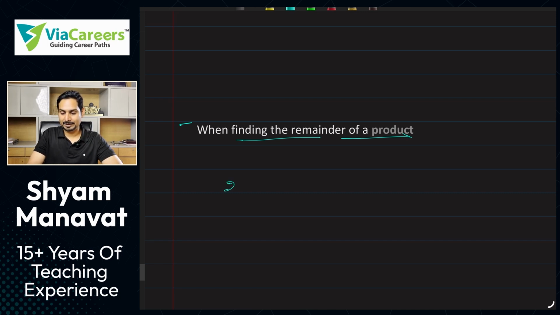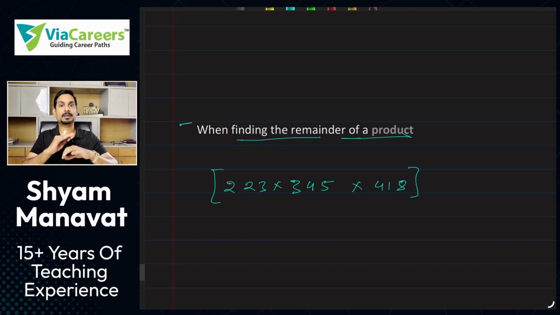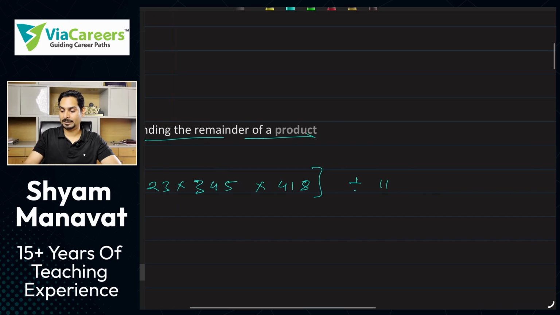Suppose I have a number, for example 223 multiplied by 345, any number you can take, multiplied by 418, and once we get the entire product, the result of this product, when divided by 11, we need to find what? The remainder.